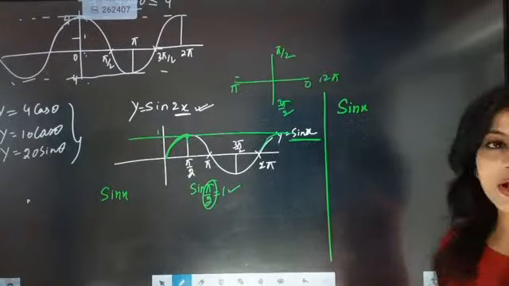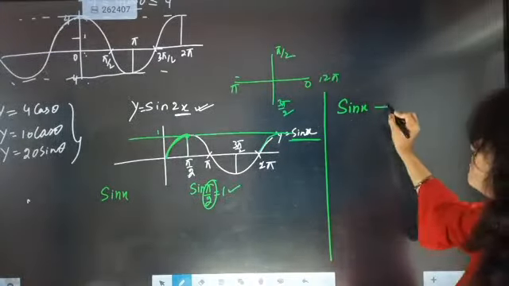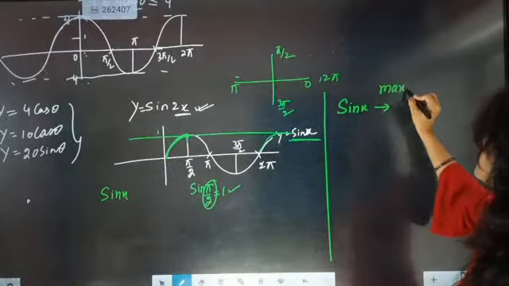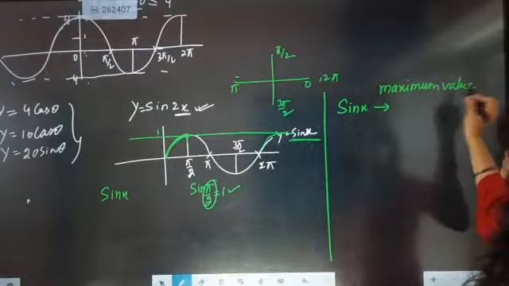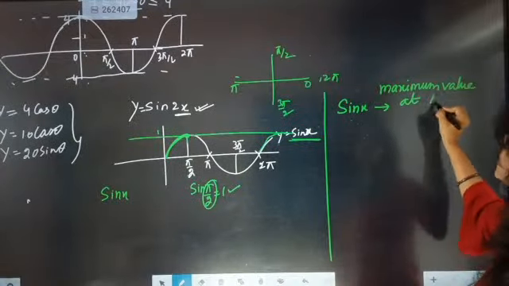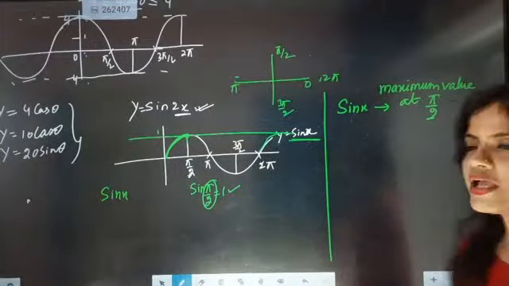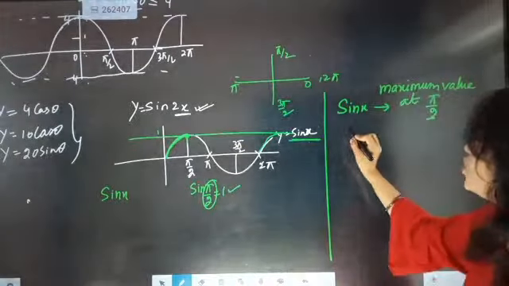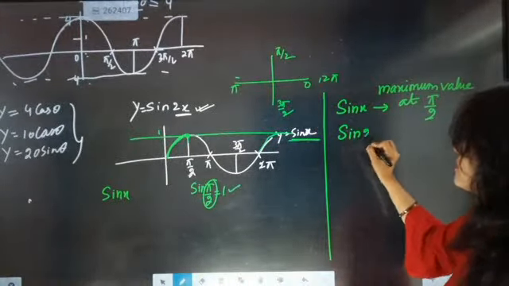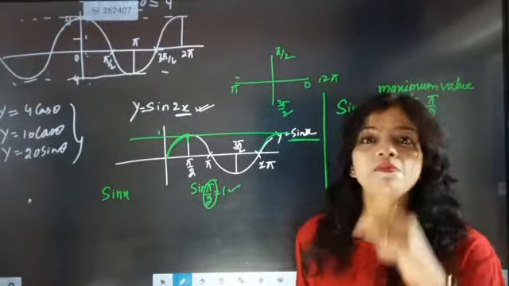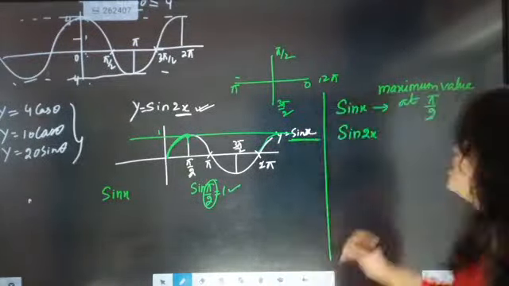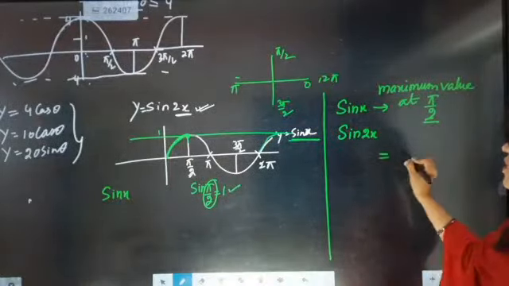Sine x will attain maximum value at pi by 2. Okay. Now here sine 2x is given. Usually sine attains maximum value at pi by 2. So now this pi by 2 we will write here.